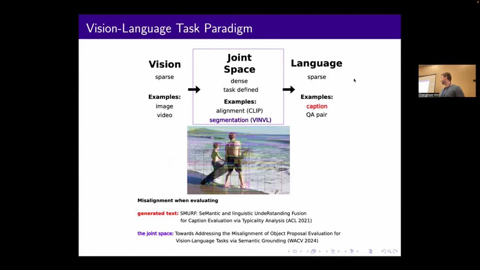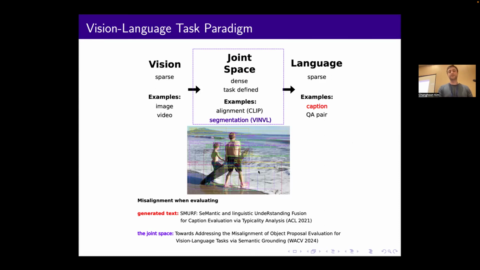So next, I'd like to talk about the work that I presented this year at WACV. It's towards addressing the misalignment of object proposal evaluation for vision language tasks via semantic grounding. The idea here is we're using typicality to identify examples that are the most relevant.